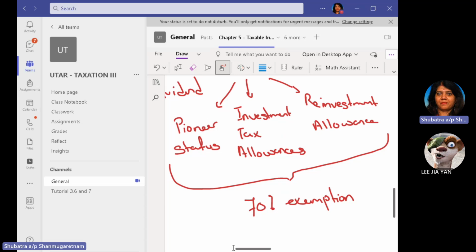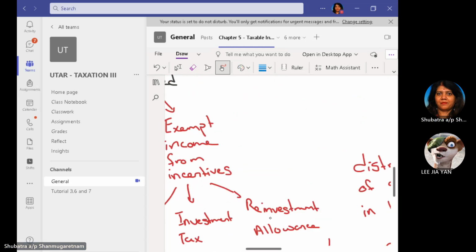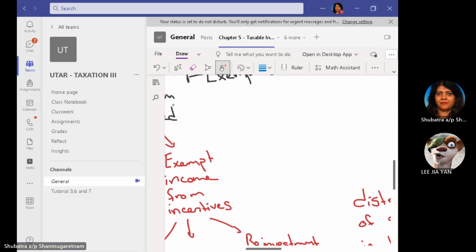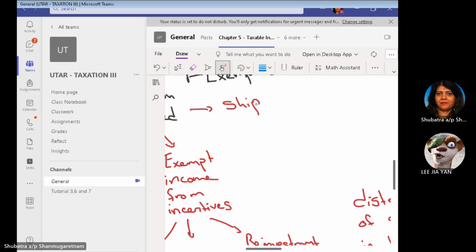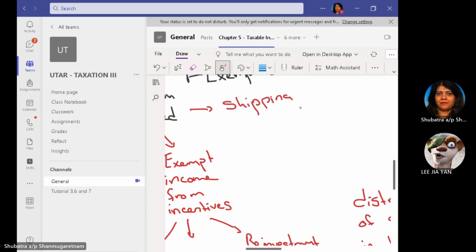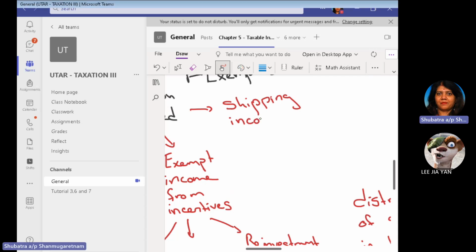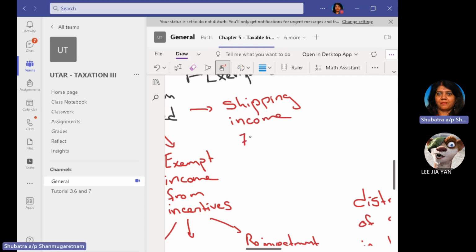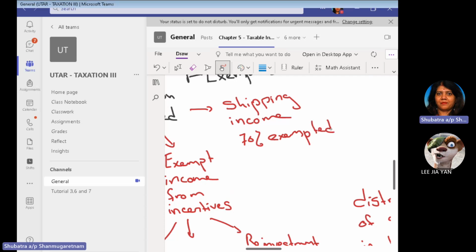Then finally, you have your shipping income, where 70% is exempted. All right, the shipping income where 70% is exempted.